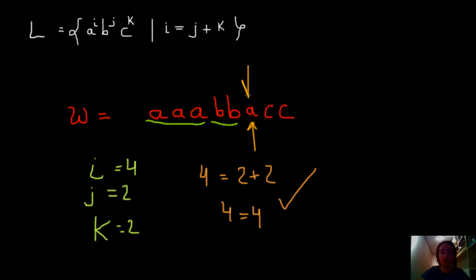We have another A, and we cannot have something like this. And then we have the C's. So we do not follow this format, and this is one condition to meet. So we conclude that this word does not belong to the language because of its format, right? Even though the equation is satisfied, the format is not satisfied.